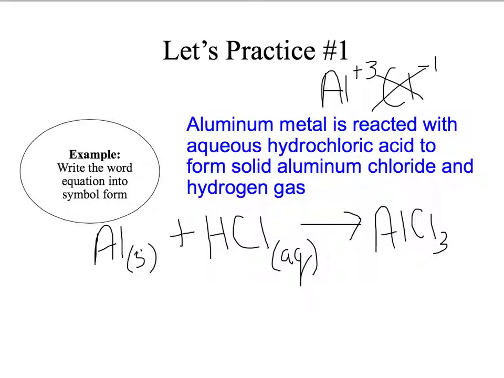And it's a solid, so you're going to put S. Plus, and I'm going to draw an arrow down here because I ran out of space, hydrogen gas. Hydrogen gas is H, but there's still an issue here, ladies and gentlemen. Hydrogen is a Hunclebriff, so it's H2 gas. All right, so that's drawing out a word problem. Let's try it again.